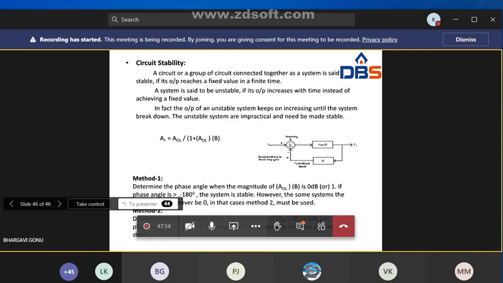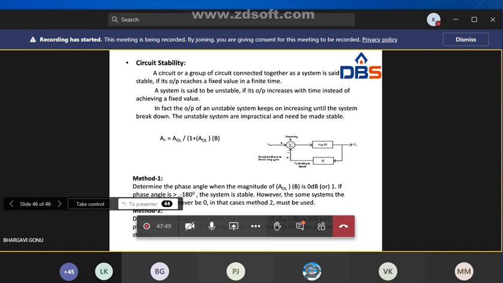A circuit or a group of circuits connected together as a system is said to be stable if its output reaches a fixed value in a finite time. Only then can we say that the circuit is in a stable state.